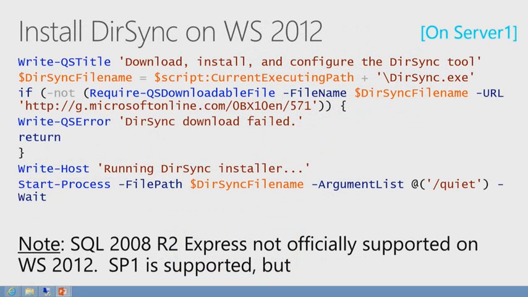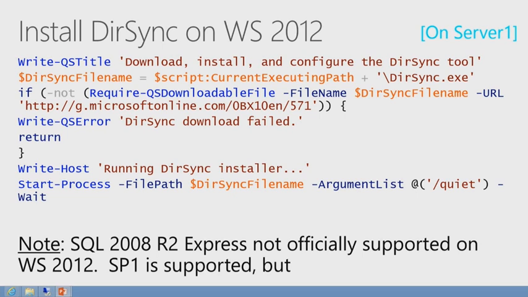One other thing I want to point out with this script, at least at this time, is that even though we do the install of DirSync on Windows Server 2012, DirSync is not supported on SQL 2008 R2 Express, which is what installs as part of the package for DirSync today. It gets a little weird, because SQL 2008 R2 Express SP1 is supported on Windows Server 2012, but unfortunately DirSync doesn't use that.